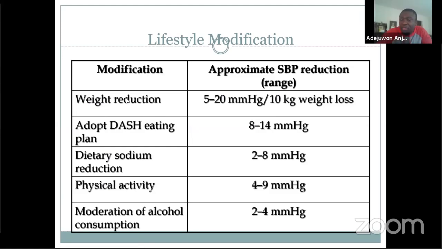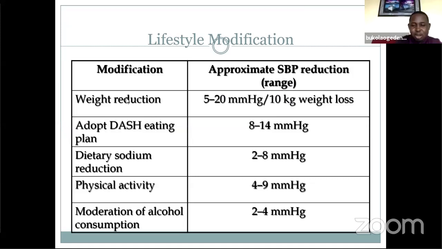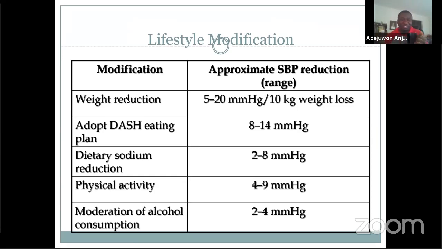Well, moderation, not total elimination of alcohol, just moderation is better. Like a small cup like this is okay.